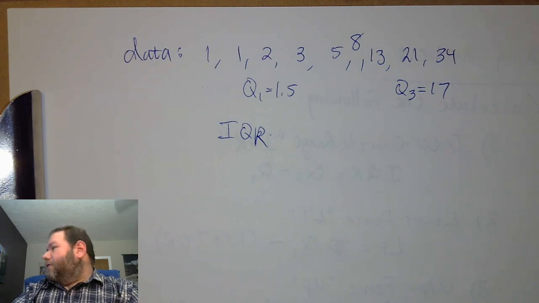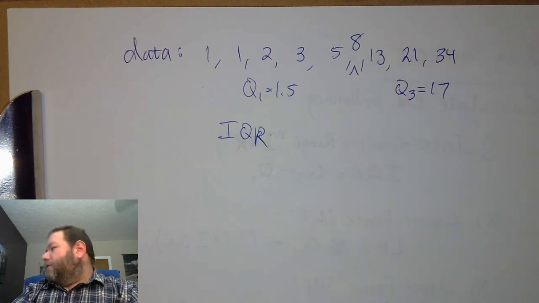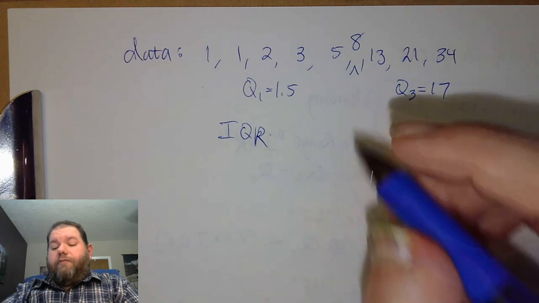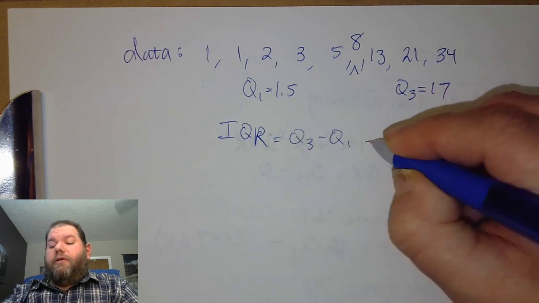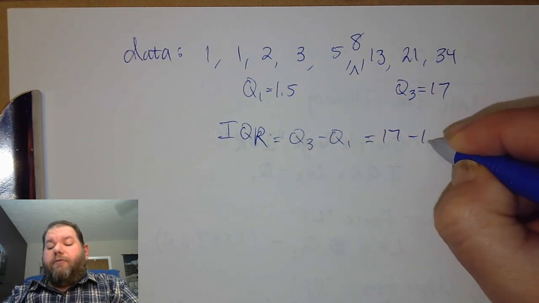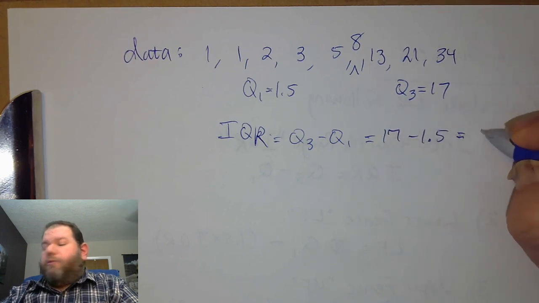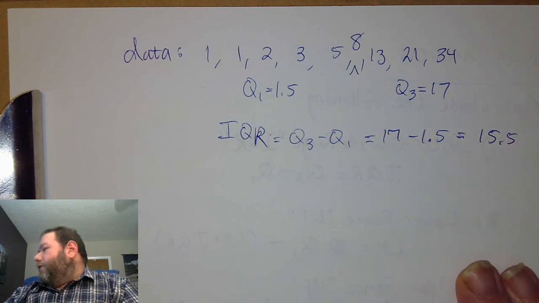Thank you. So our interquartile range, again, we said that was Q3 minus Q1. So we'll just take 17 minus 1.5. And that would give us 15.5 as our interquartile range.